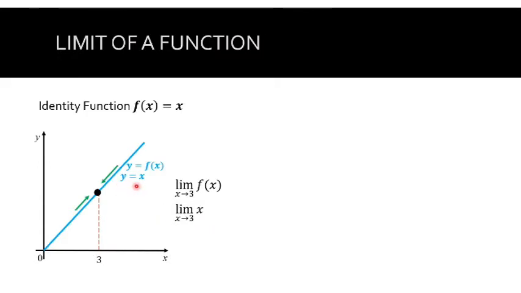And since y is equal to x, the y coordinate would be the same. So the coordinate of the point is 3, 3. So the value of y, which is equal to the limit, is also 3. In general, the limit of x as x approaches any value c is just equal to c itself.